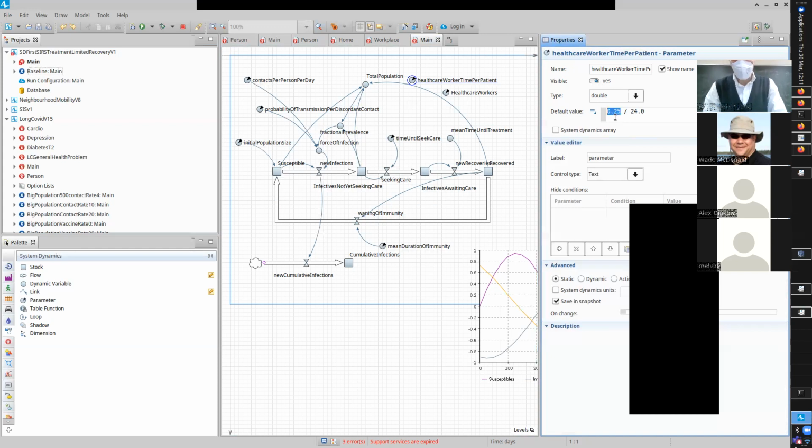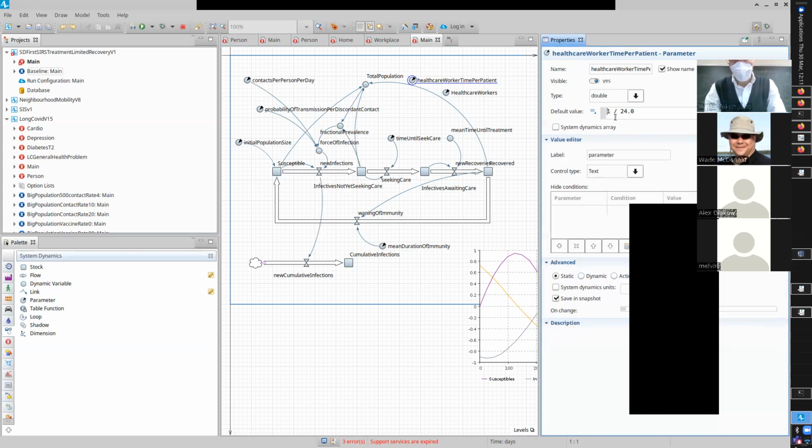I could have phrased this in any number of different ways, like 1.0 divided by 24 times 0.25 or whatever. But it's 0.25 divided by 24. So it's 1/4 of an hour; 1/24 would be an hour. You got that? Okay. Great.